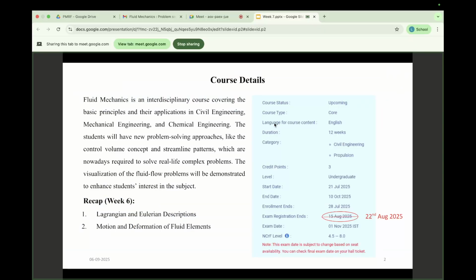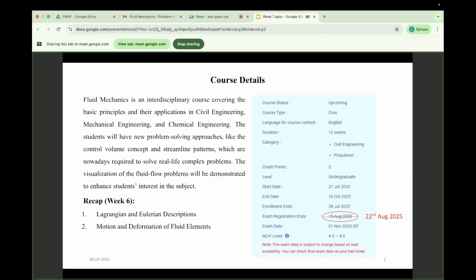Before starting today's live interactive session, let me brief you about this course. Fluid mechanics is an interdisciplinary course, and this course is quite vital for students in civil engineering, mechanical engineering, chemical engineering, and even some other engineering fields. In this course, we deal with how to solve real life problems with the concept of fluid.